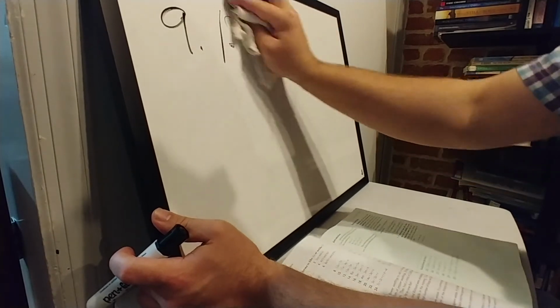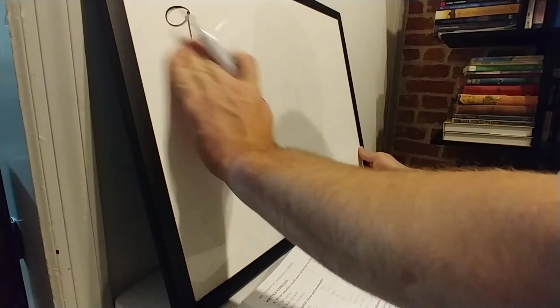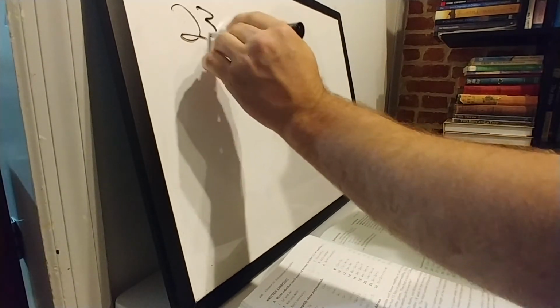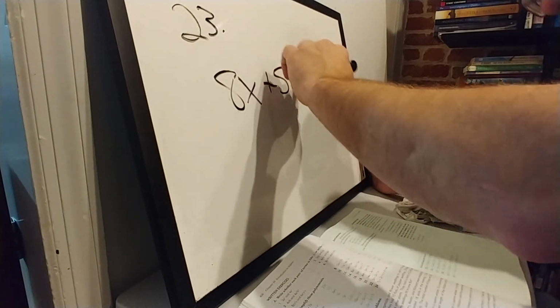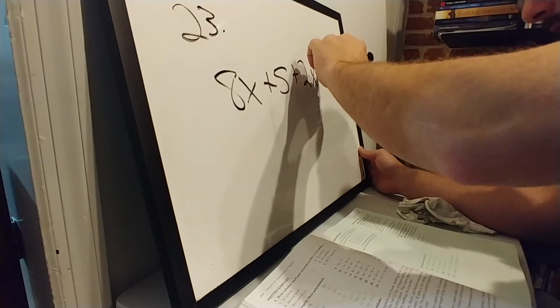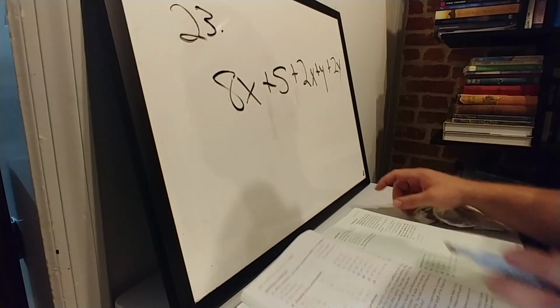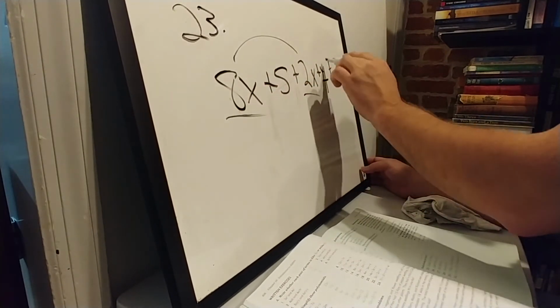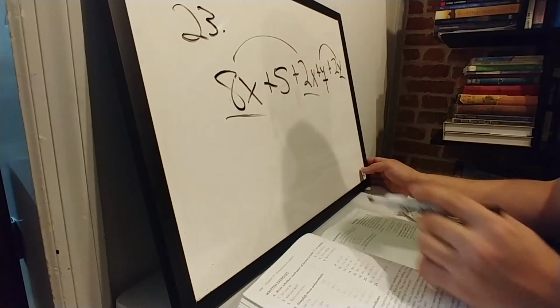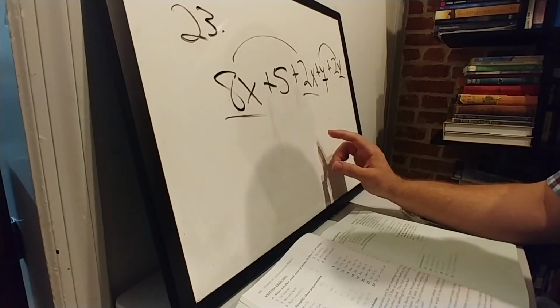Let's do one more. Let's do 23. They have 8x plus 5 plus 2x plus y plus 2y. So you look for things you can combine. This one's like, and this one's like, this one's like, and this one's like, and this one isn't like anybody. So let's combine your x's first. That's the order they do it today.